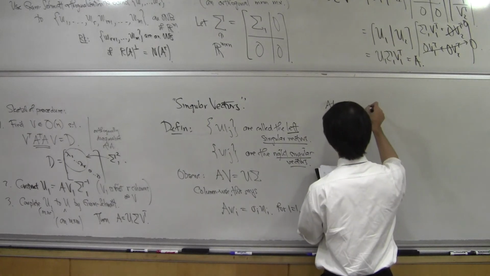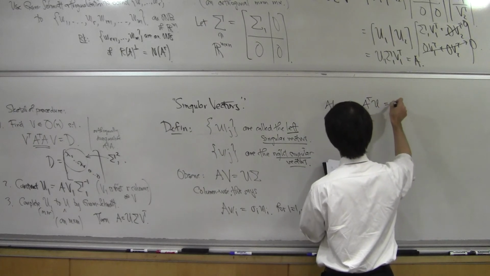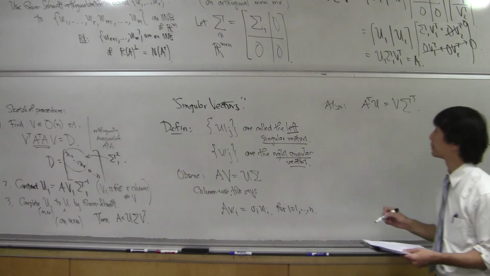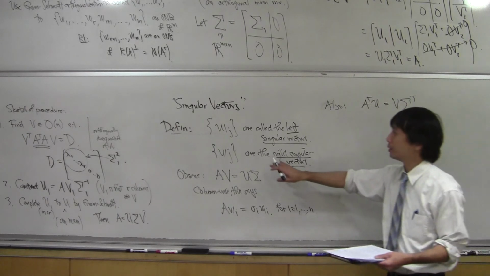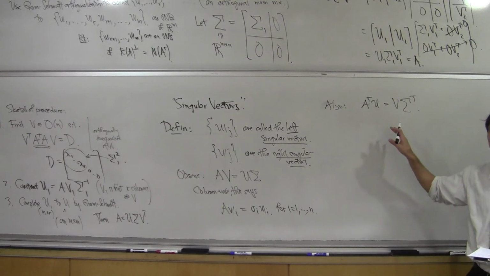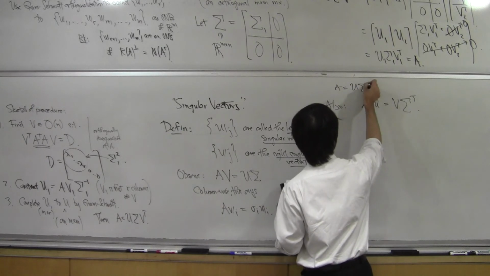Also, if you take the transpose, you get A transpose U equals V sigma transpose. Just transpose the singular value decomposition and then multiply on the right by U. A is U sigma V transpose.